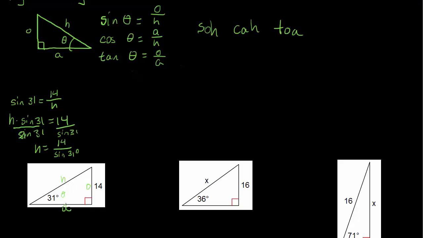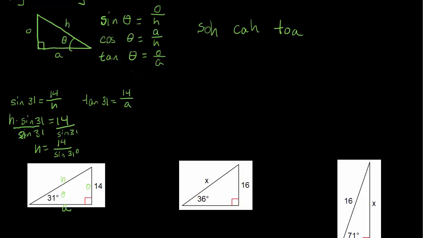Now, if I wanted to know the adjacent side, I would have the opposite and the adjacent, so I'd be using tangent. So what I would get is the tangent of 31 is equal to the opposite, 14, over the adjacent. And it's going to be similar to this. We'll multiply the a over here and then divide by tangent 31.